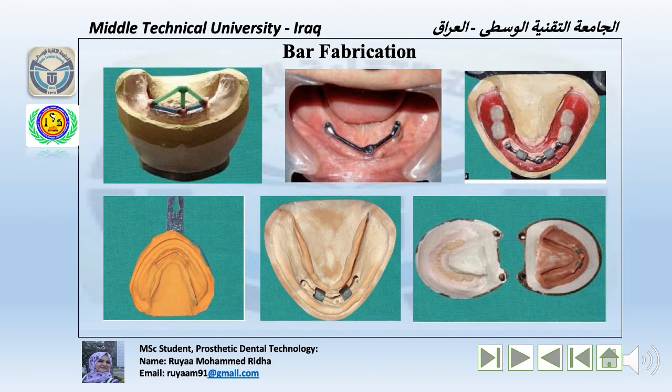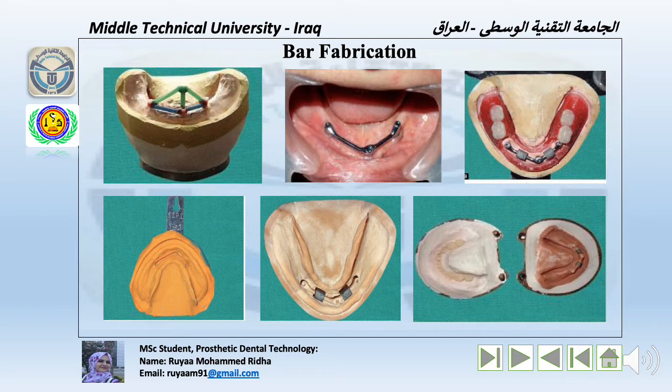The overdenture fabrication is done by placing the finished bar with positional clips and metal housing on the articulated master cast. The anterior teeth are removed and a window is made in the record base to provide space for the bar assembly.